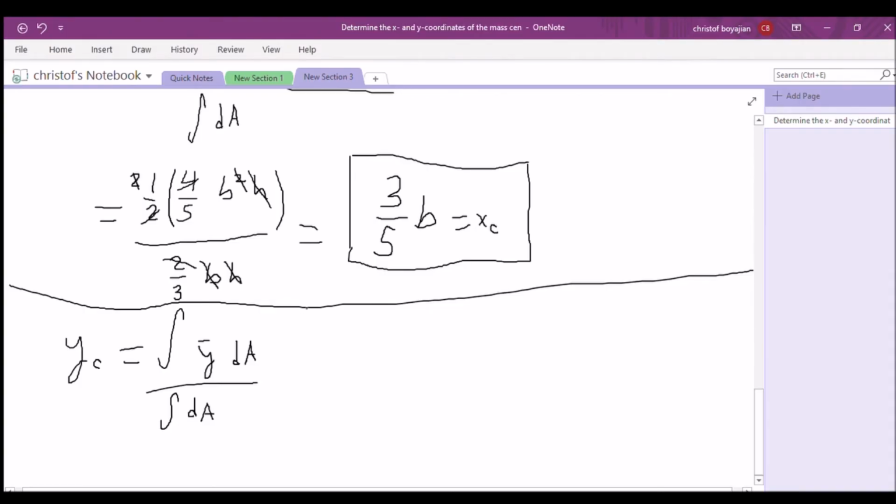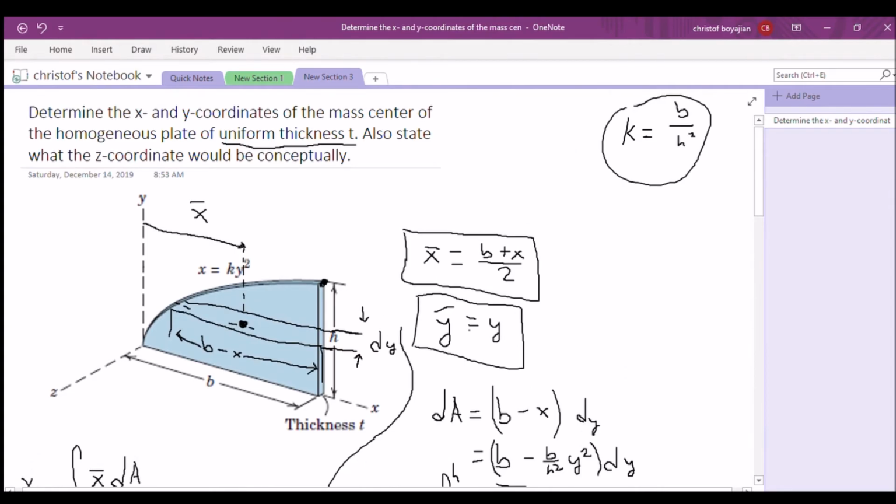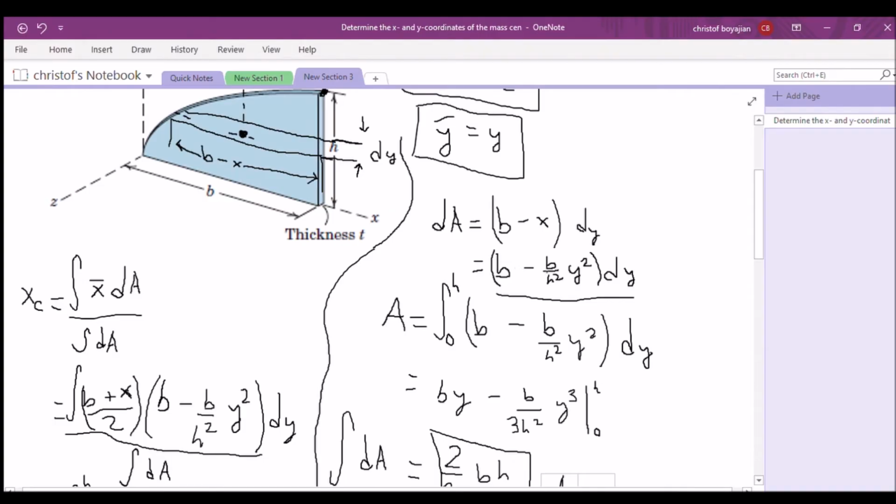All right, so the only thing we need to plug here is what is our y bar and what is our dAs. So our y bar, remember we said is just y. We determined that, just going up distance y to the center of our cross section. And our dA is b minus b over h squared times y squared times dy.